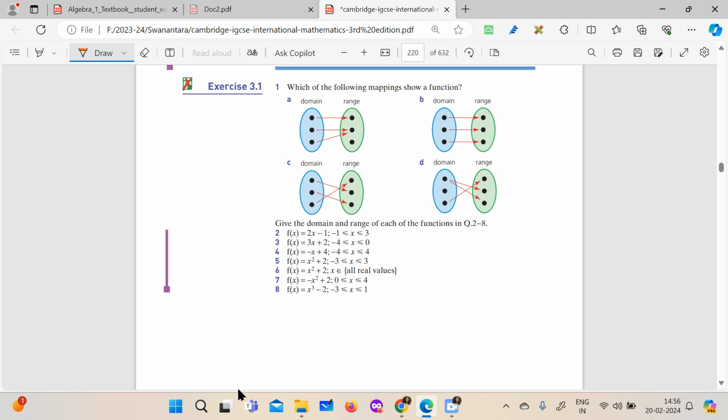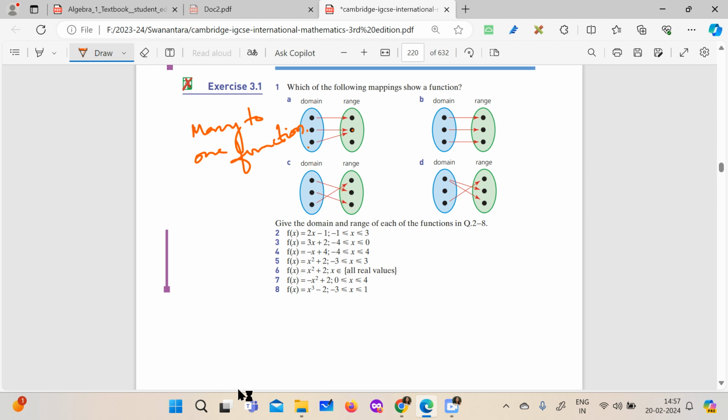Because every domain element is passed to the range. Yes, you can say, because one domain element doesn't have two values. Here two domain elements have one value, so we can call it a many to one function.